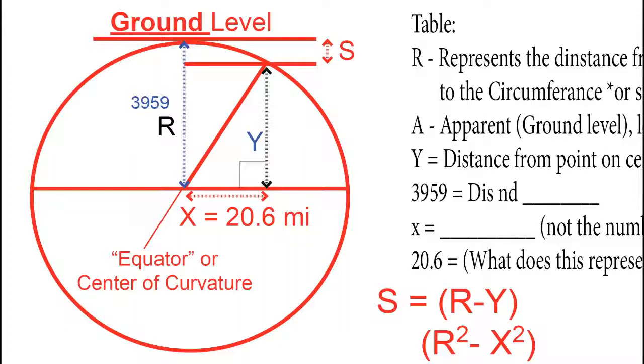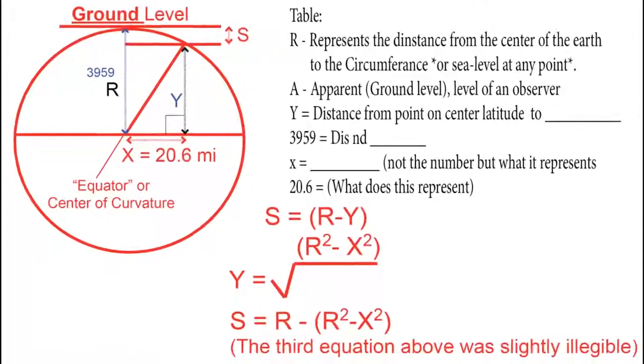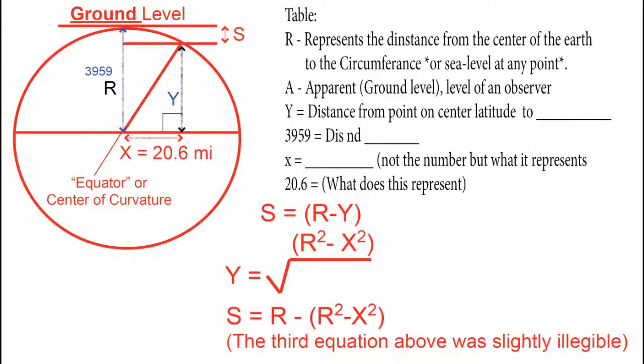So we need to figure out what is the distance from the center equator, or a center of curvature, represented by line Y. So if S equals R minus Y, which is pretty simple, then Y squared equals R squared minus X squared, and then S equals R minus the square root of R squared minus X squared.